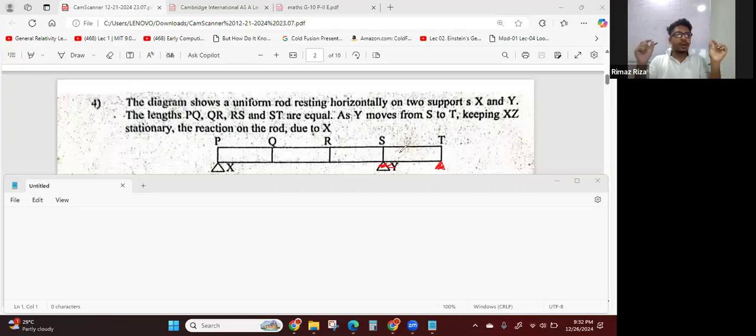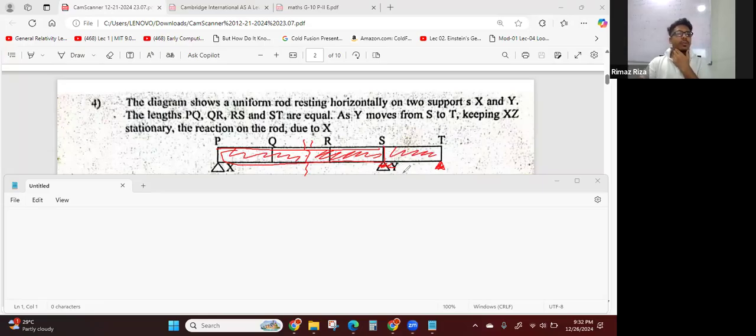Therefore, both X and Y have to bear the same weight, equally distributed, W over 2 each. But when Y is here, only this much mass is equally distributed, so we can divide here, and this one should be borne completely by Y.